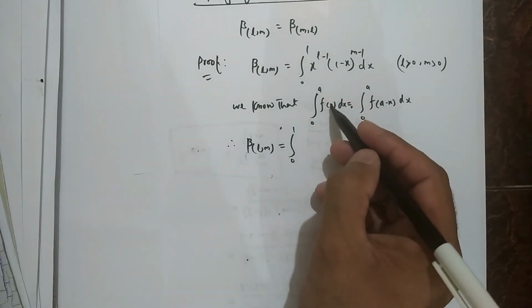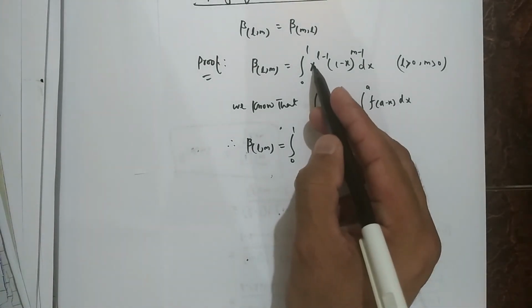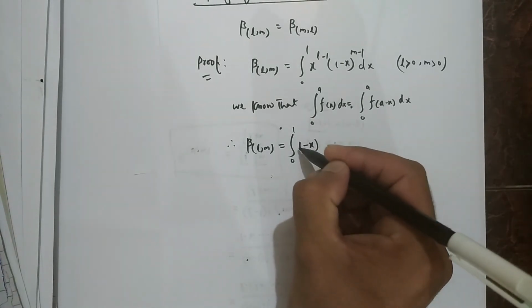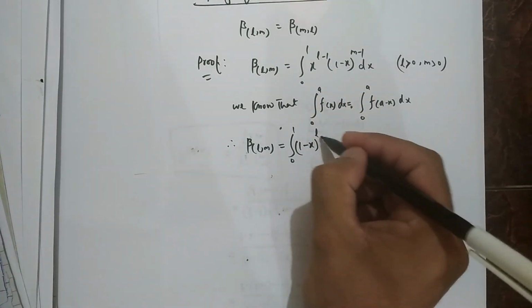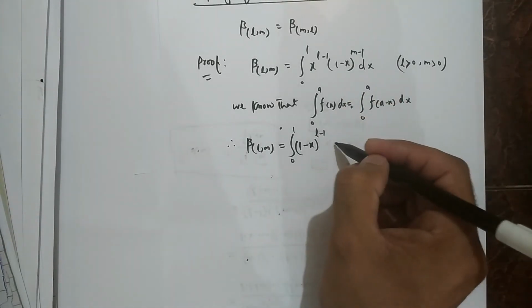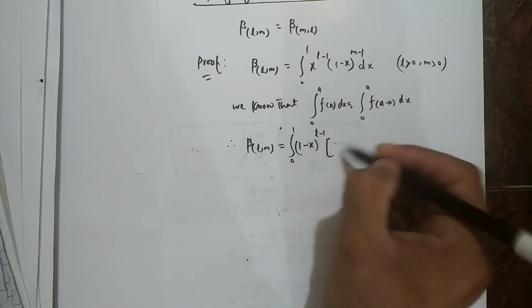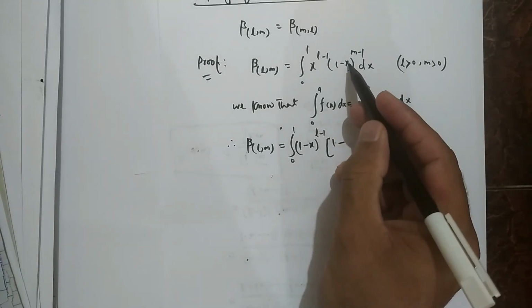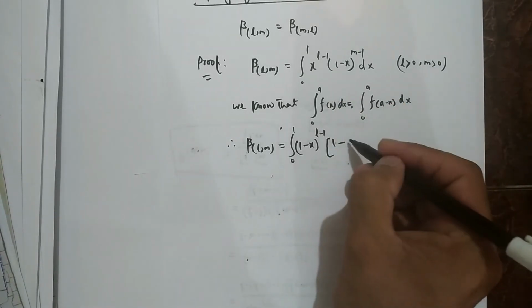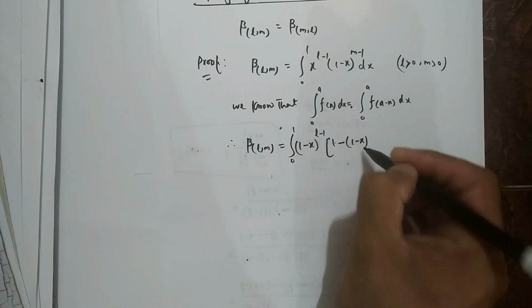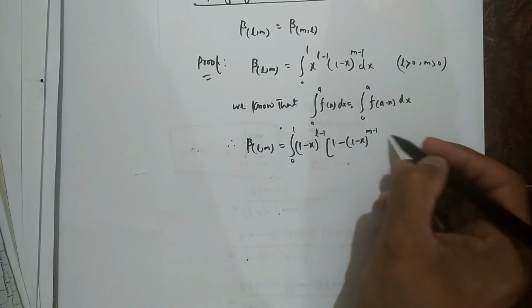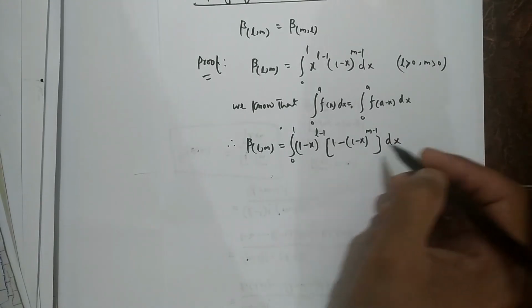So we have 1 minus x to the power L minus 1, and then here we have 1 minus x, replaced by 1 minus, 1 minus x, to the power m minus 1 dx.